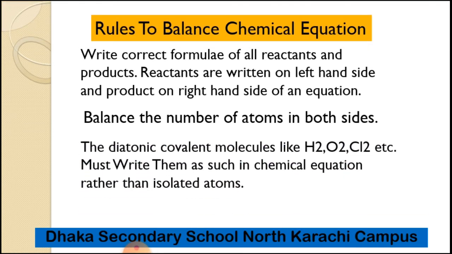so that the number of atoms of the elements on the right hand side should be equal to the number of atoms of the same elements on the left hand side.